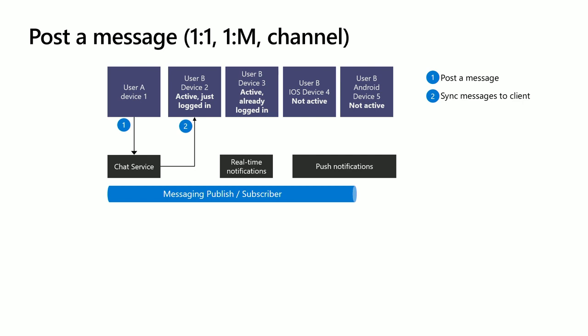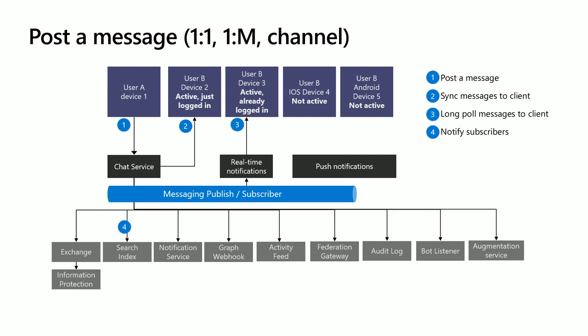They have to sync the messages that they haven't seen before, and they will see user A's message, assuming it was of relevance to them. User B on device 3 may be active and already logged in, let's say this is their desktop. In that case, they are syncing via a long poll, they get real-time notifications over long poll, and then they get the messages that way.